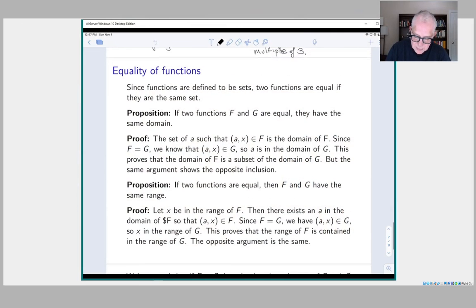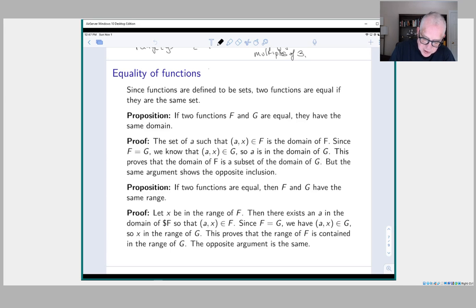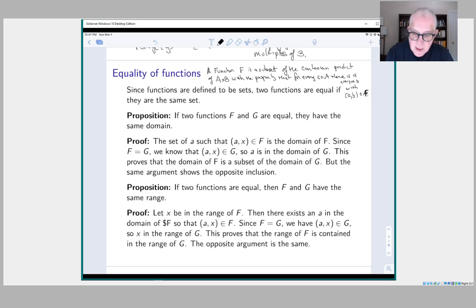So let me just remind you once and for all that a function f is a subset of the Cartesian product of two sets with the property that for every A there is a unique B with the pair (A, B) in f.